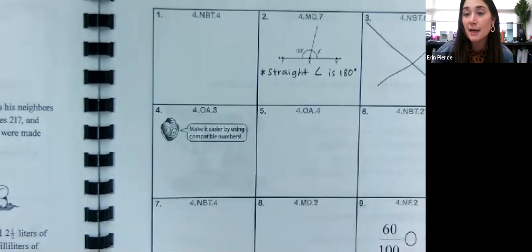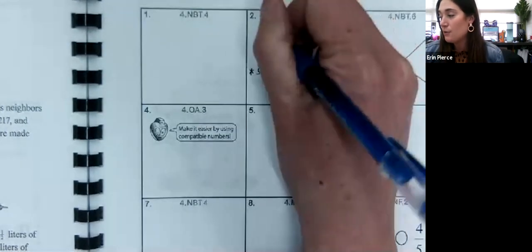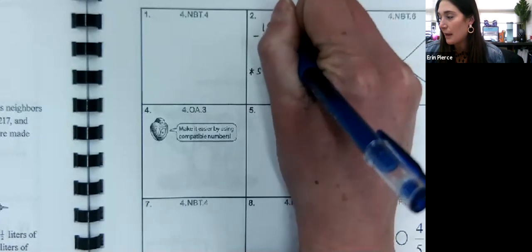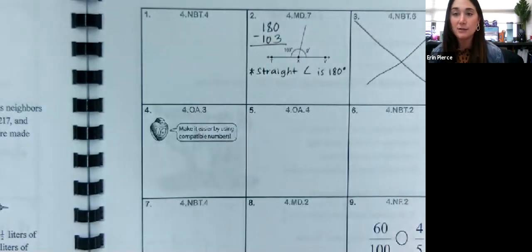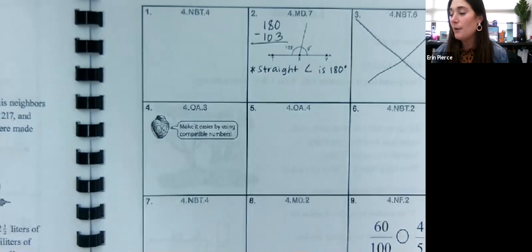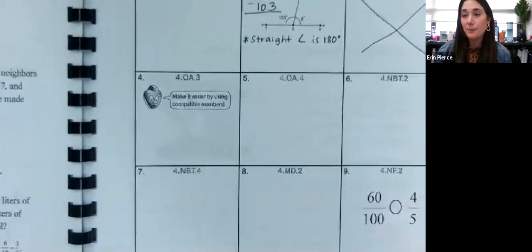So use that to help you solve for this question. So you're going to do 180 minus 103 and find the answer. Okay? I'm just going to share what will help you on that. Number 4, you're adding.